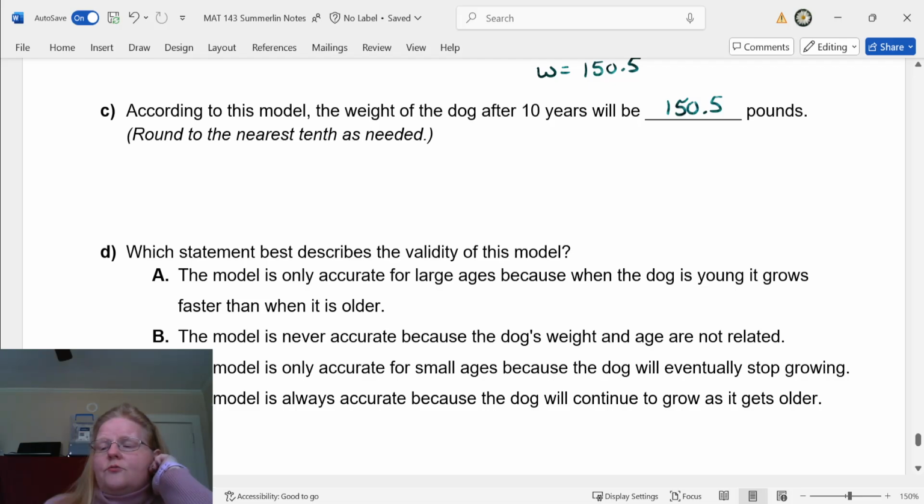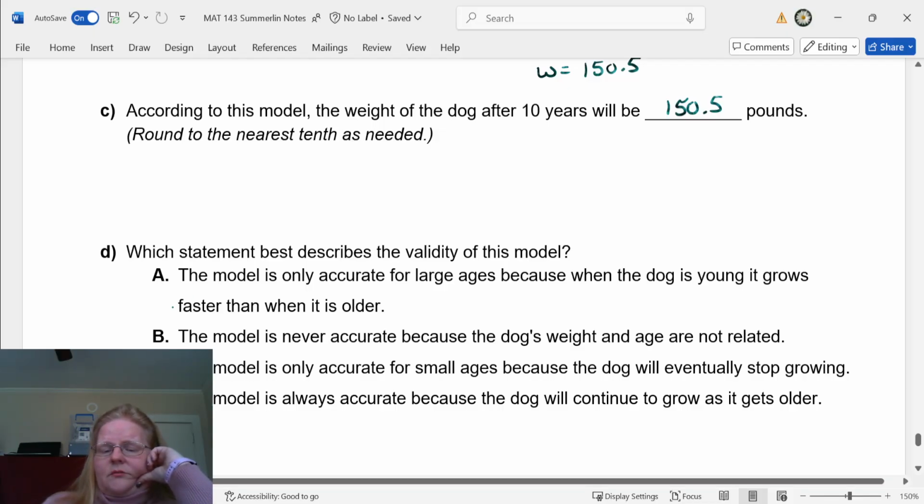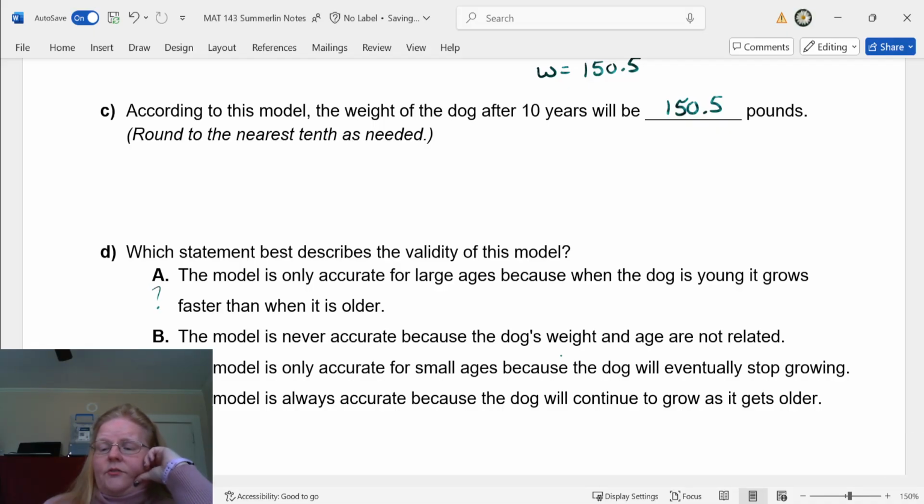Well, a dog does grow faster when it's younger, but does it keep growing that old? The model is never accurate because the dog's weight and age are not related. I don't know that that's accurate. They're a little related. The model is only accurate for small ages because the dog will eventually stop growing. I like that one. That one's pretty good.